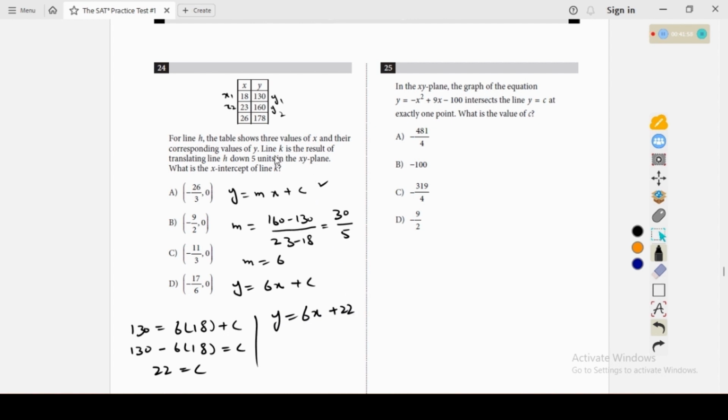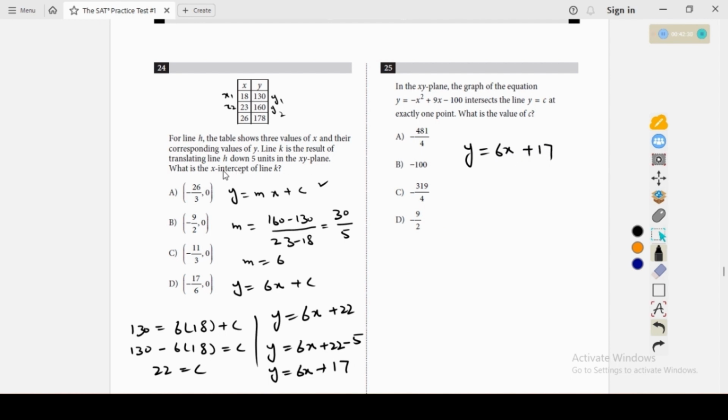Since the line K is the result of translating the line H down 5 units, the equation becomes y equals 6 times x plus 22 minus 5, that is y equals 6 times x plus 17.